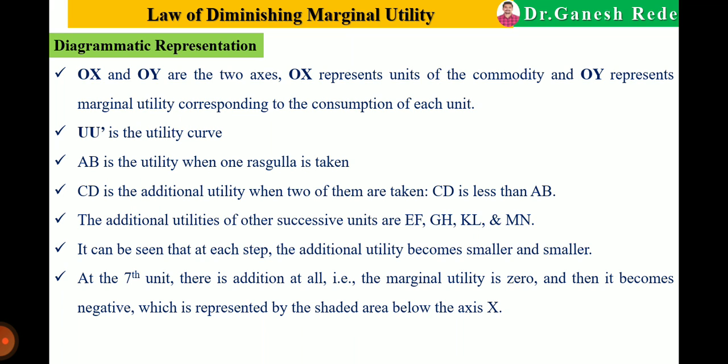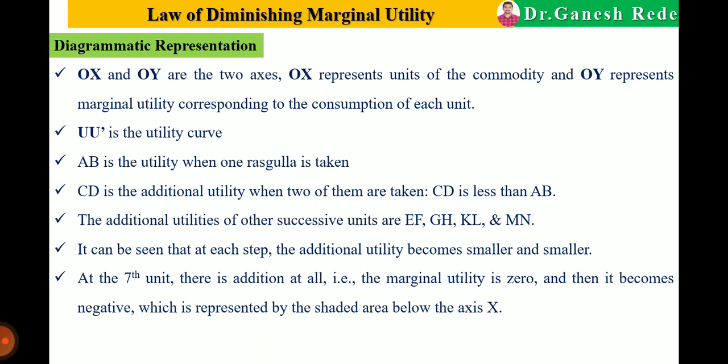But at the 7th rasgulla, there is no addition at all to the marginal utility. So the marginal utility at the 7th rasgulla is 0, then it becomes negative. If that particular consumer is forced to eat the 8th and 9th rasgulla, that utility becomes negative.